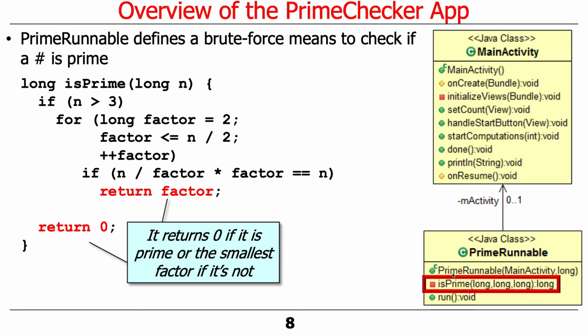If you find something that matches, then you have the smallest factor, so it returns the smallest factor. So that's a very, very simple-minded way of doing prime checking.